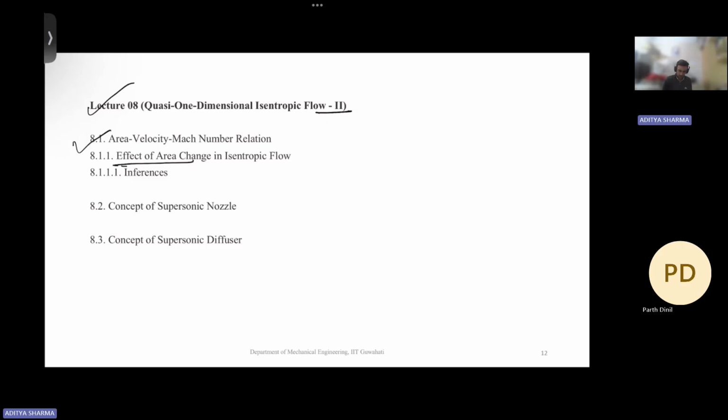Then the supersonic nozzle and supersonic diffuser topics have been discussed.